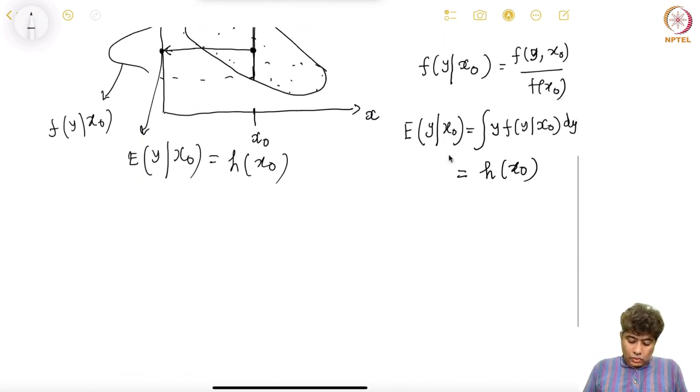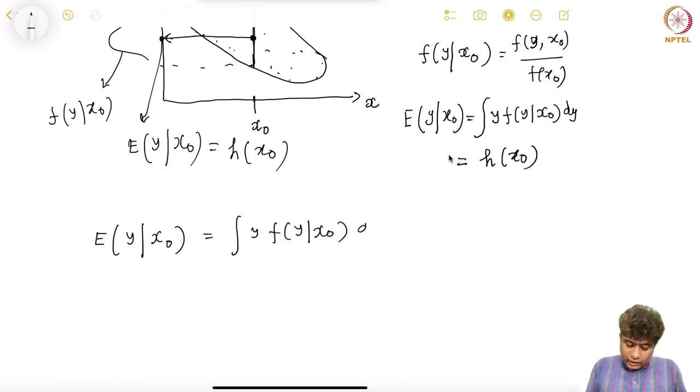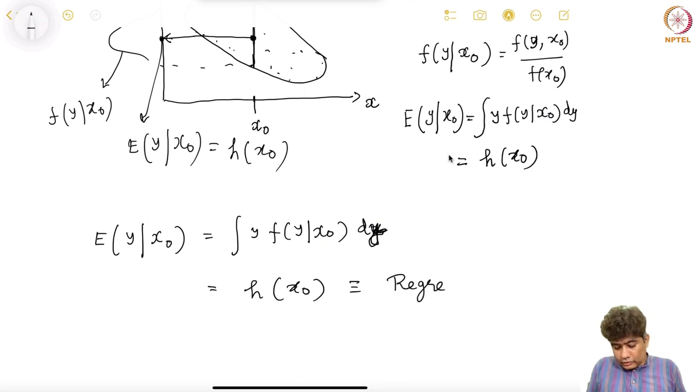Now if you look carefully, this expected value of y given x naught, which is the integration of y times the conditional density of y given x naught, d of y, will be some function of x naught, and this is typically called the regression function.